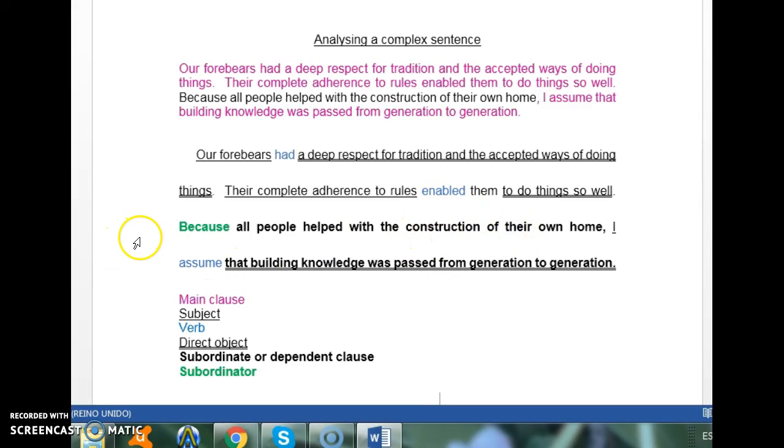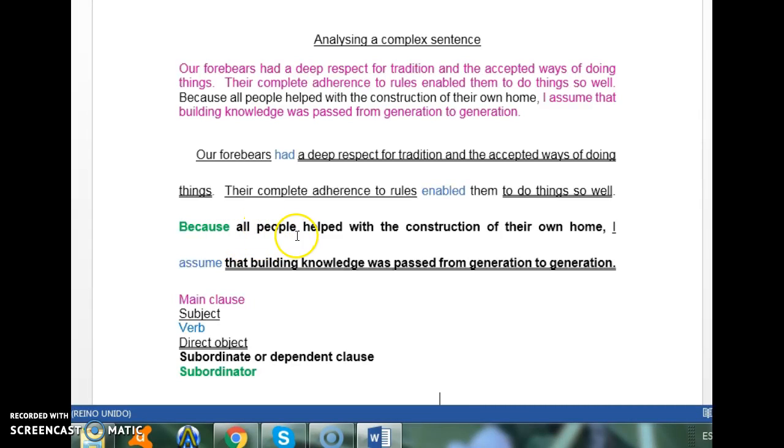In the next sentence you have a subordinate clause. It is an adverb clause of reason, and here you have, because all people helped with the construction of their home, and this is a subordinated clause that begins with because, which is the subordinator. Remember that a subordinated clause always has to have a subject and a verb.